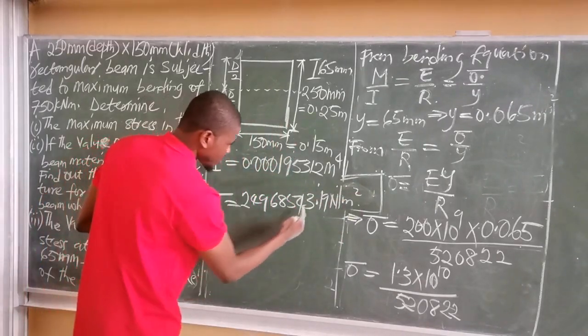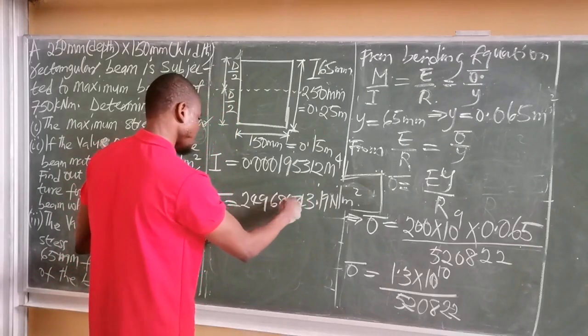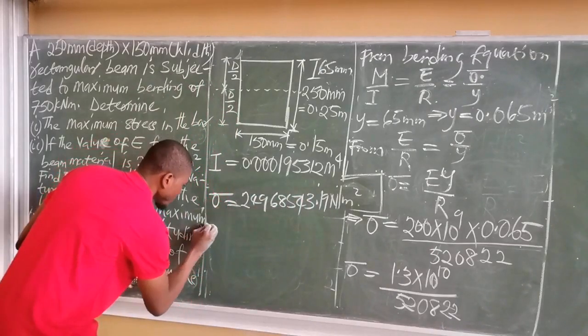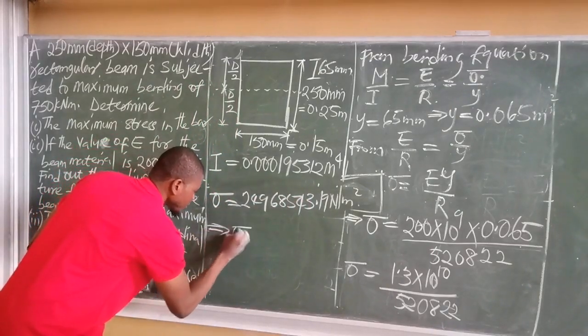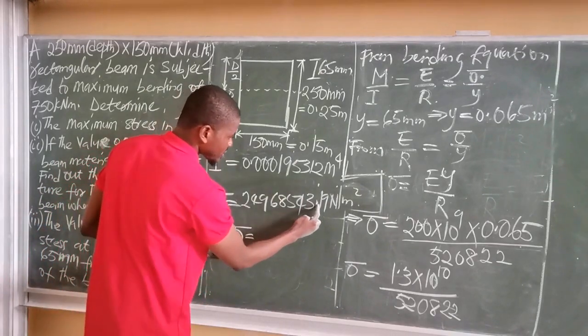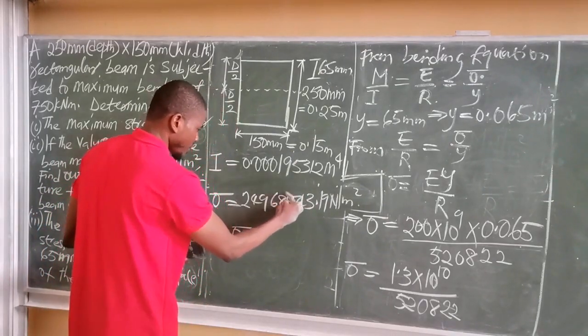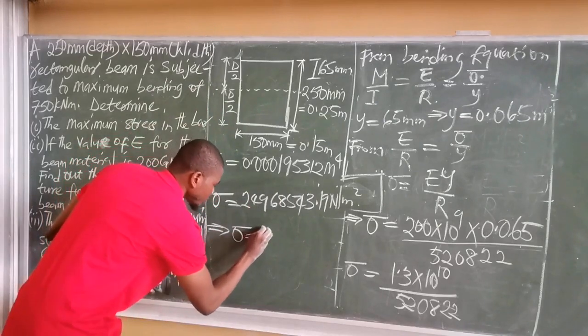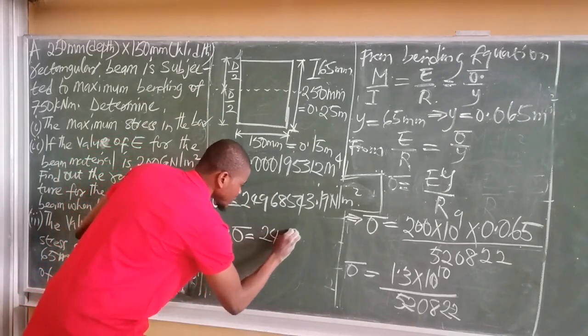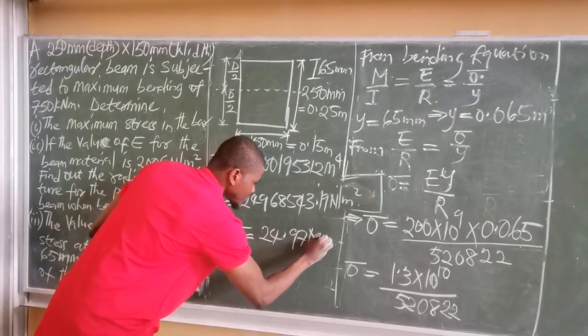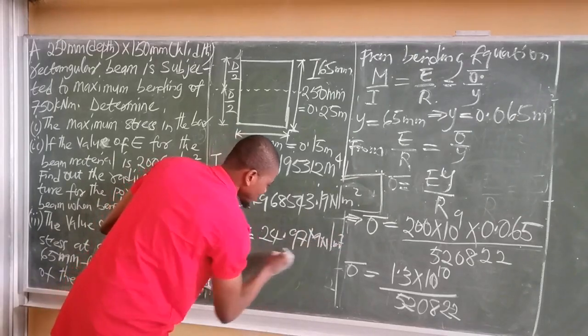So we can approximate this, moving the decimal point 6 steps backwards, 1 2 3 4 5 6. It gives us 24.97 mega newtons per meter squared.